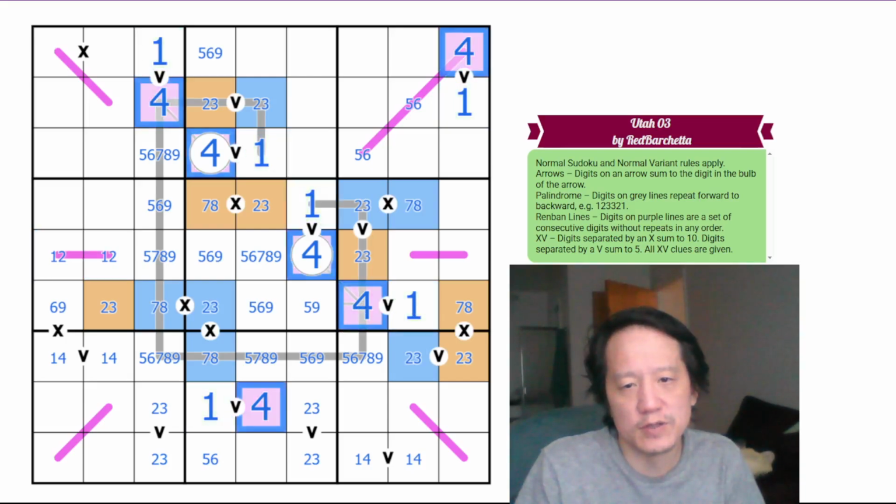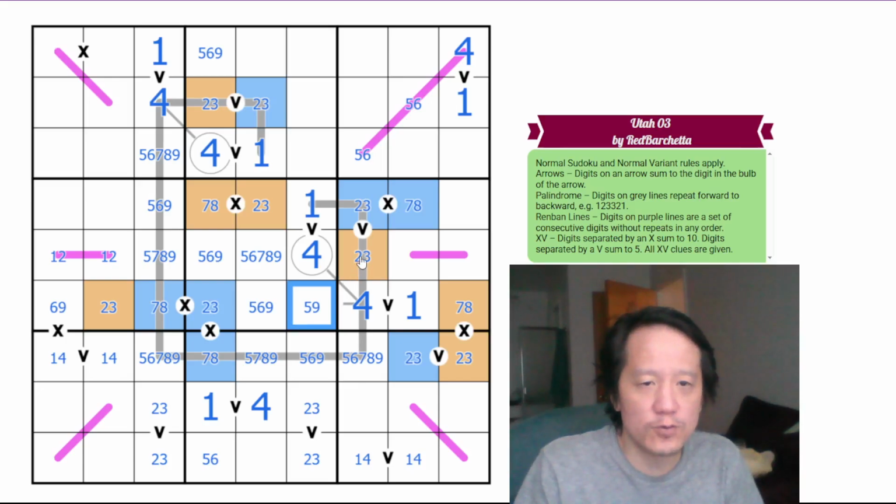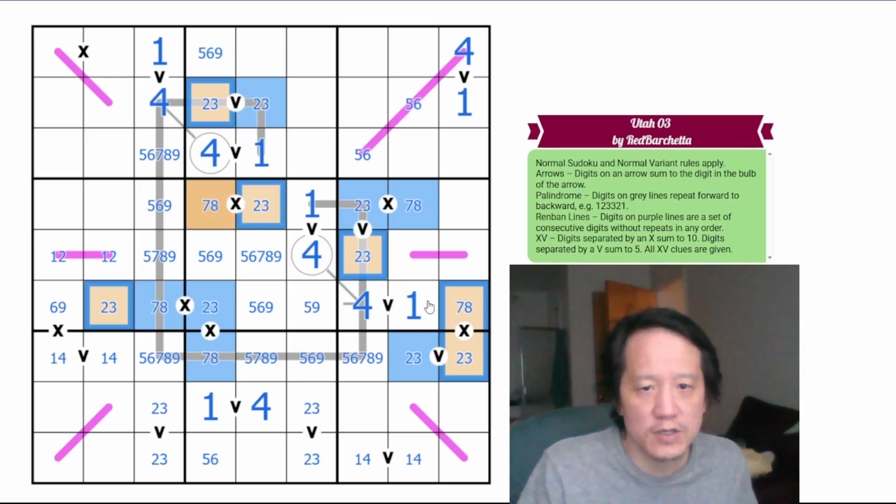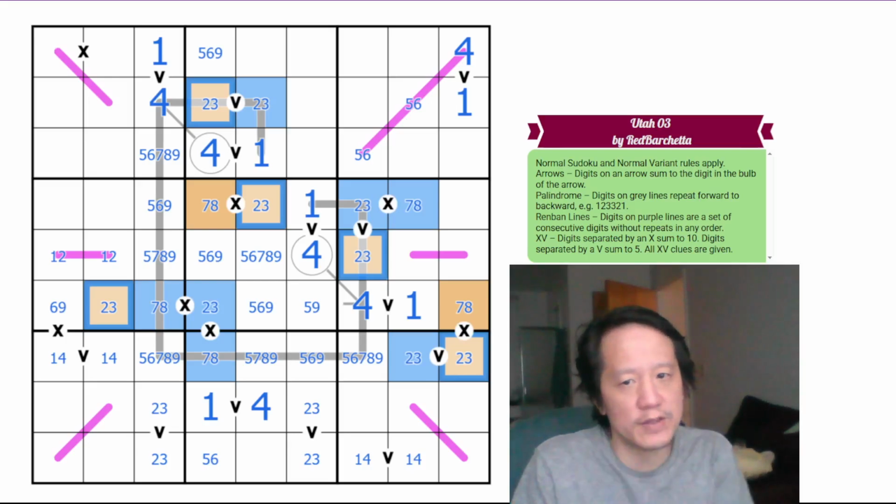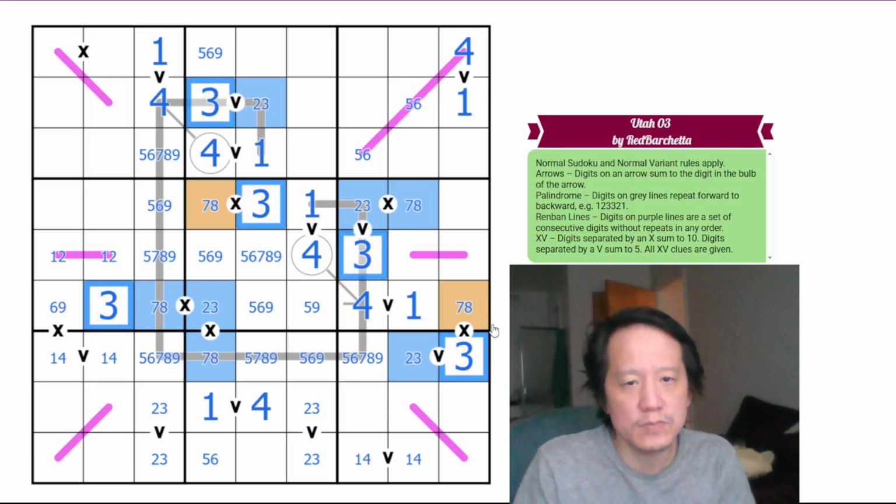I guess we don't need the greens and pinks anymore. That forces the orange 2 3s to be 3 because it cannot be 2 because of the 1-2 pair in that row. So this is 3, which forces the orange highs to be 7.